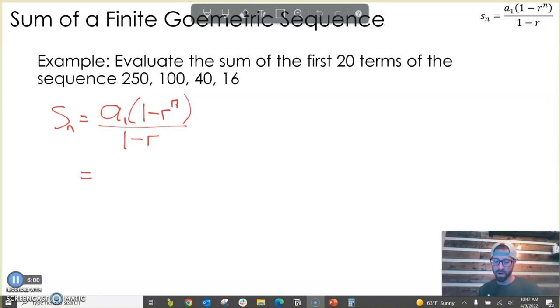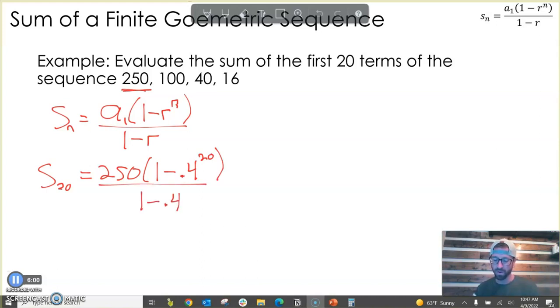For this particular problem, to find the sum of the first 20 terms, we're going to take our first term, which is 250. I got that from right there. Times 1 minus, and remember, I already found the common ratio for this on the first slide. That's going to be 0.4 raised to the nth power over 1 minus 0.4.